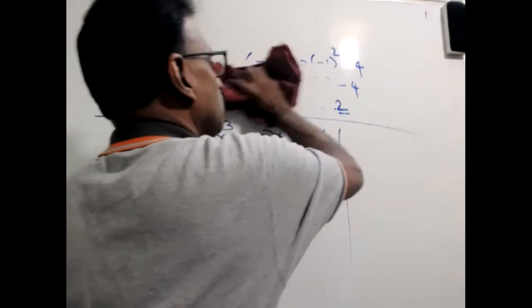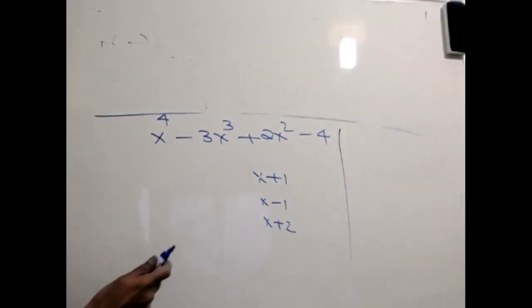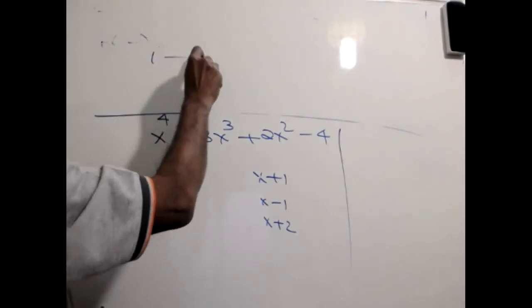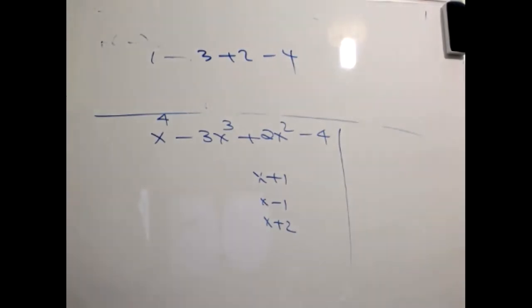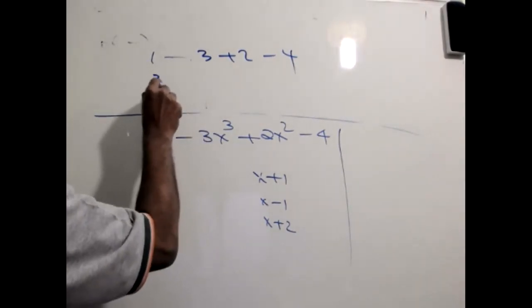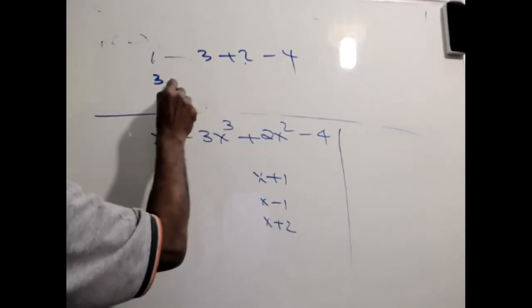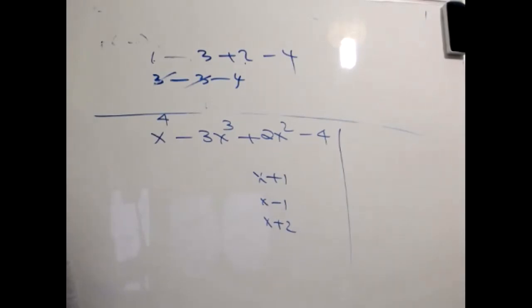So next one is what? You check the board. Next one: 1 minus 3 plus 2 minus 4. Answer: minus 4, right? I corrected, Vishal.